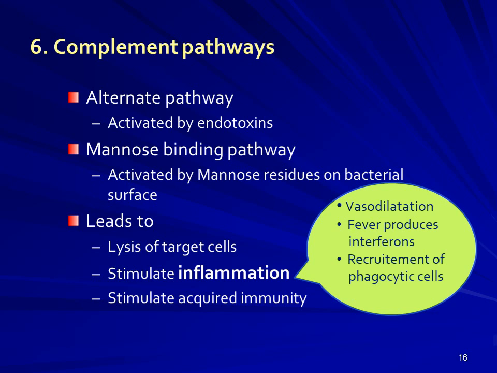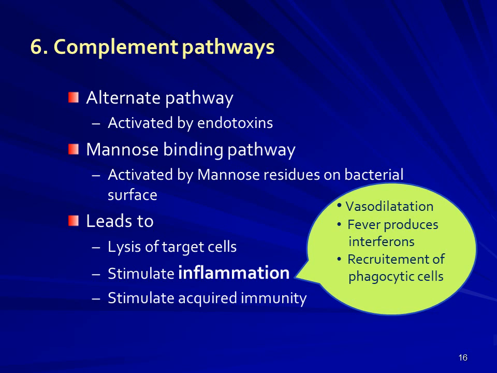How it is responsible for acquired immunity, we can understand later, because complement is a separate chapter in immunity. While discussing it, we can learn how this is responsible for acquired immunity.